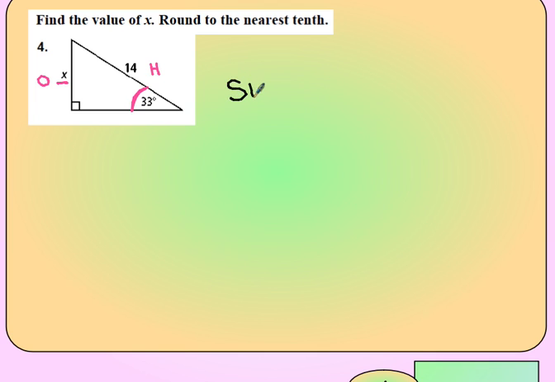So the sine of our angle, which in this case is 33 degrees, is going to be equal to x over my hypotenuse of 14. Then all I need to do is multiply both sides by 14. So 14 times the sine of 33 is going to equal our x value.